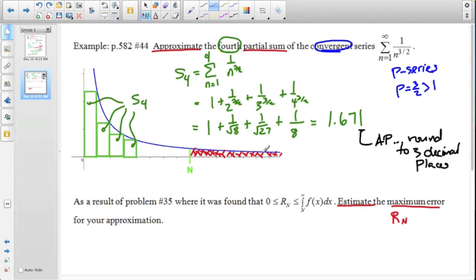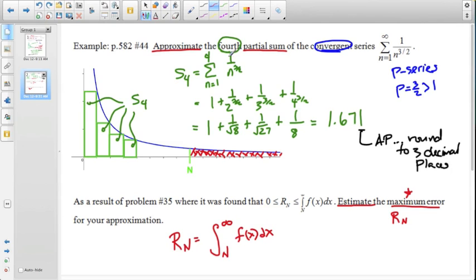So the rectangles themselves would add up to something less, but we don't care that it's something less because we are being asked to find a maximum error. And so the maximum error is defined as, remember this is what the statement is saying here, the error is going to be less than or equal to this. In other words, this value is going to be as big as it gets. So from n to infinity, f of x dx.